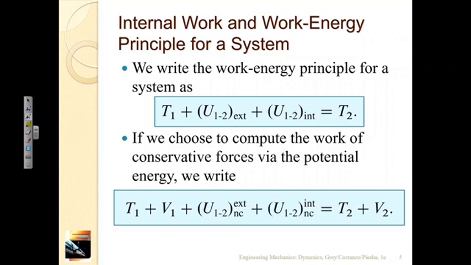This is kind of a shorthand, lazy way of writing this, right? Because really this T1 is a summation over particles, i equals 1 to n, of the various Ti sub 1s. If we've got two particles, it's like half m1 v1 squared plus half m2 v2 squared, plus however many particles you have.